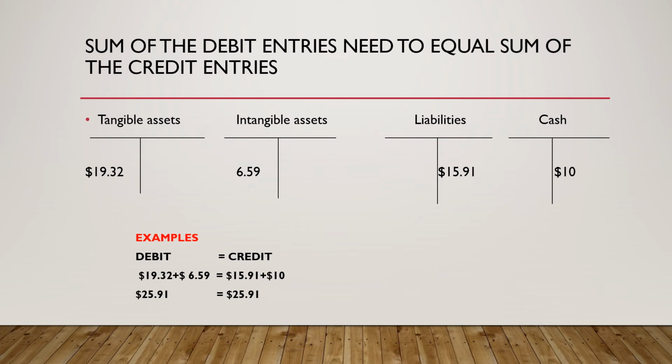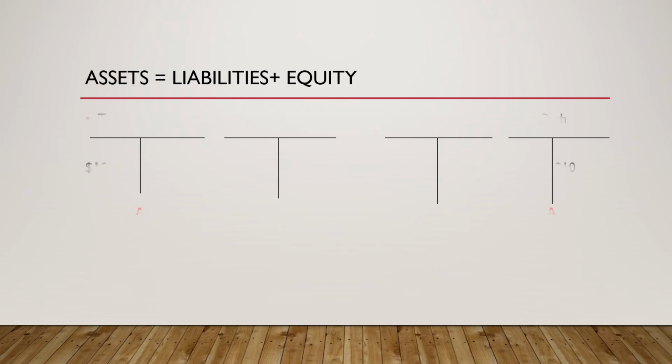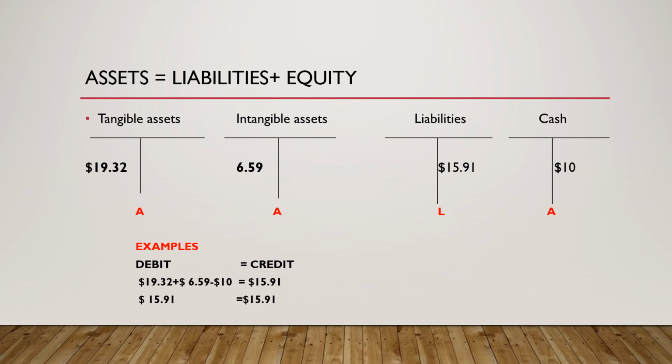Always comply with the accounting equation: assets equal liability plus equity. Here is an example. We first classify the accounts as asset or liability. There are three asset accounts involved in this journal entry and one liability account.